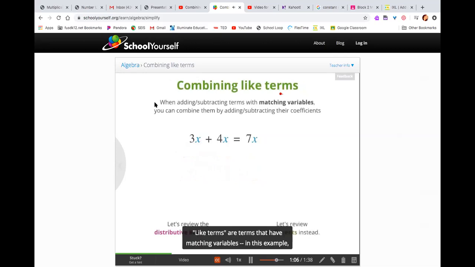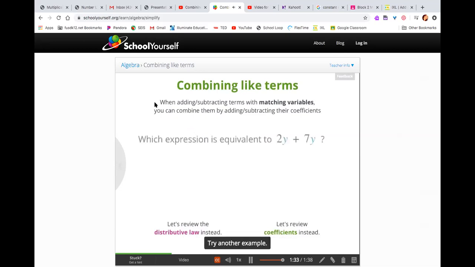Like terms are terms that have matching variables. In this example, both terms have the same variable x. Whenever you're adding or subtracting terms with matching variables, you can combine the terms by adding or subtracting their coefficients, which are the numbers in front of the variables. So to add 3x and 4x, you can just add 3 and 4 to get 7, and then remember to include the x. Try another example.